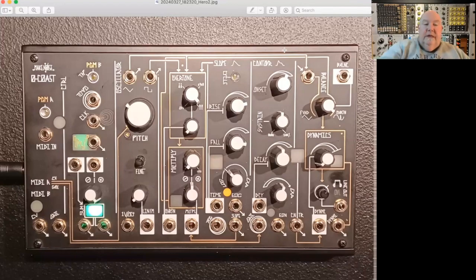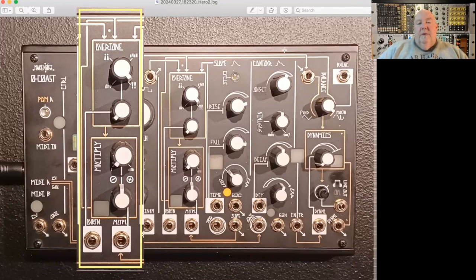So if you follow the square wave and you follow a line up and over, you'll see it goes to something called overtone. And overtone is a kind of strange filter that chooses different harmonic structures. In the leftmost position, we have an odd setting that'll give you a triangle wave or square wave kind of sound.